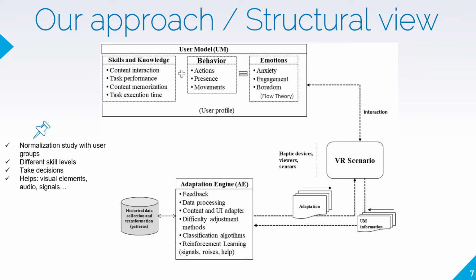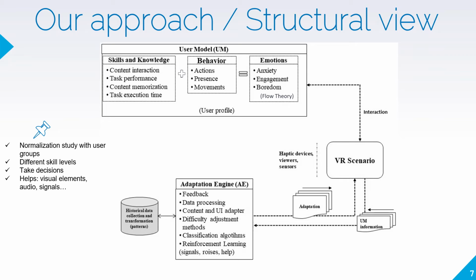Taking a surgery simulation as a sample, a normalization study with user groups influences the configuration of the user model. Considering three user groups performing procedures at different skill levels can provide the simulation with a starting point to compare training results.